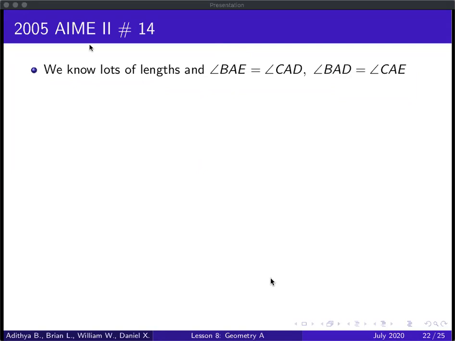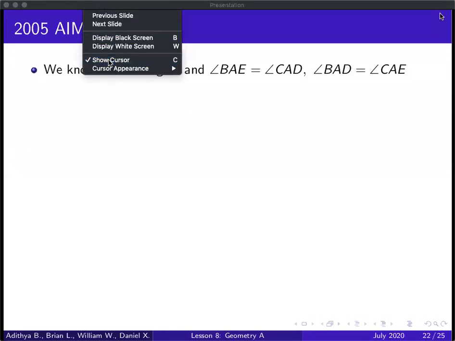So given this specific set of information, what might we try doing? Does anyone have any ideas on what might we do with this information?